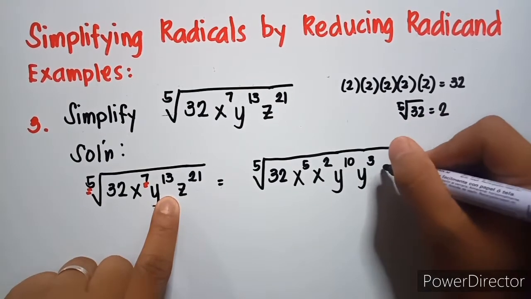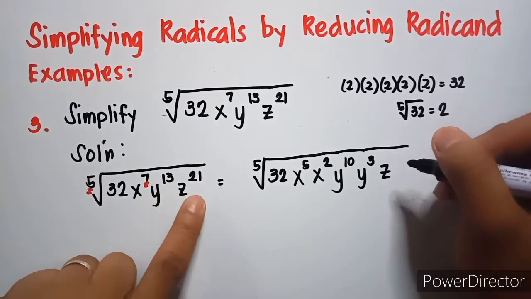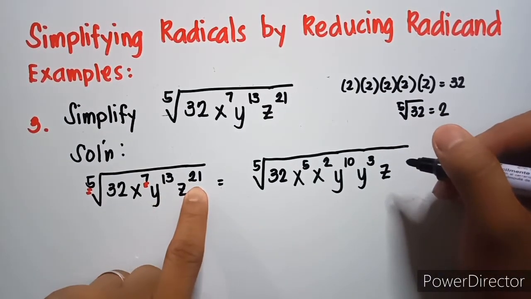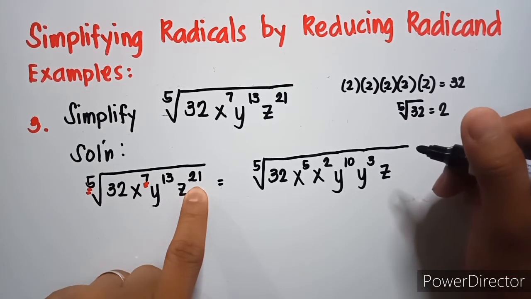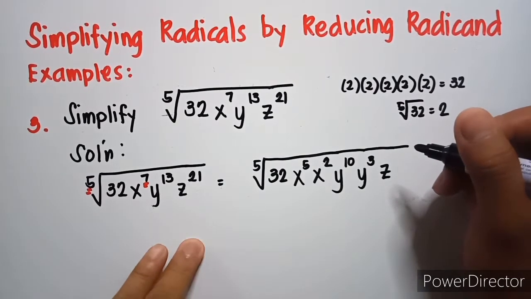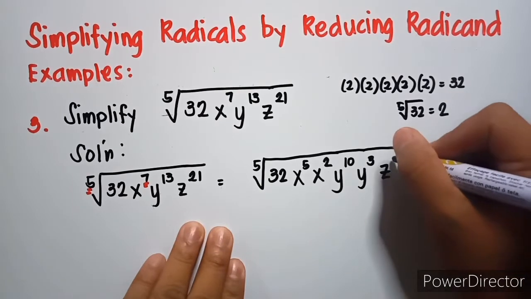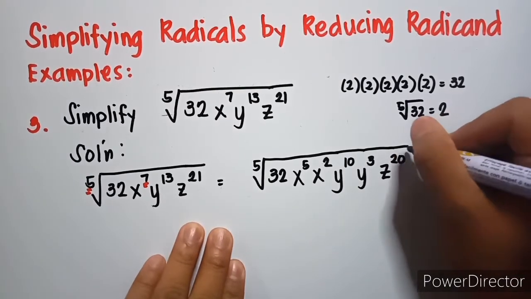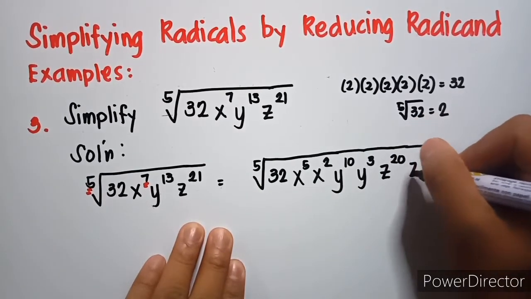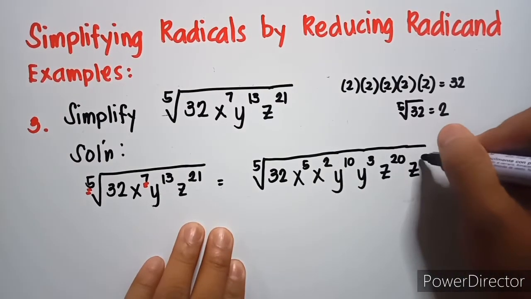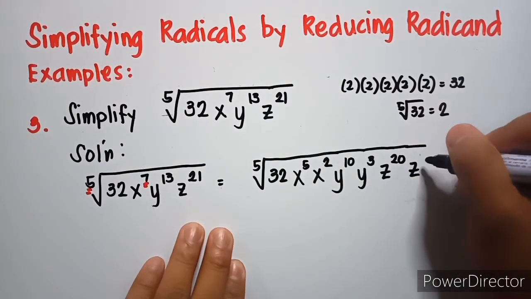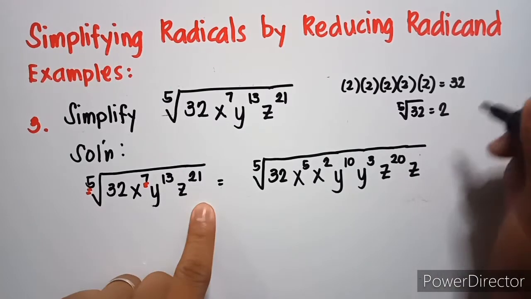Then for z, what is the nearest lower multiple of 5 to 21? We have 5, 10, 15, 20. So z raised to 20, then z. We don't write the 1 because it is hidden. 20 plus 1 is 21.